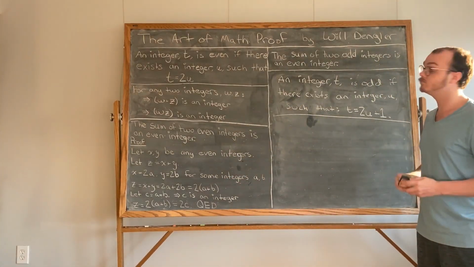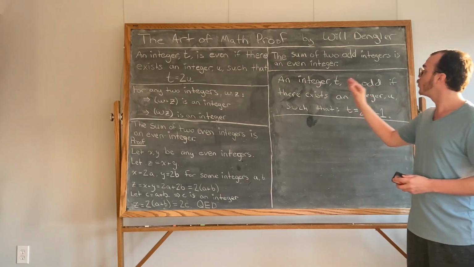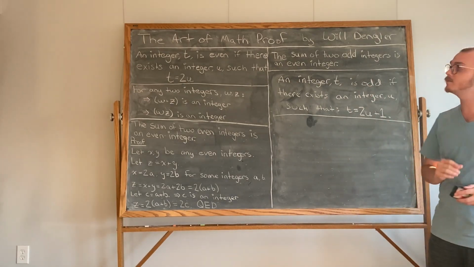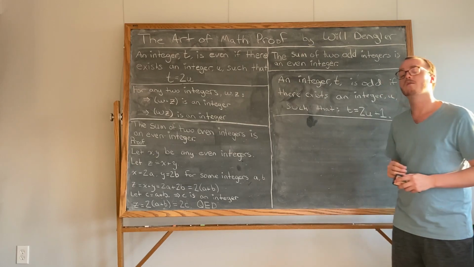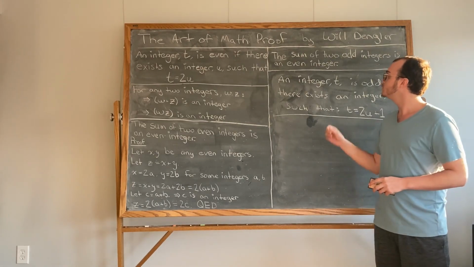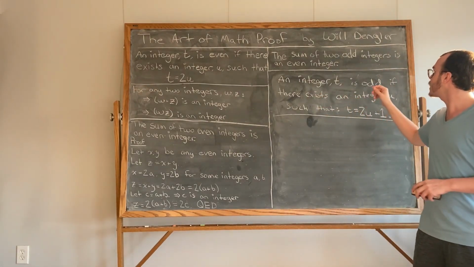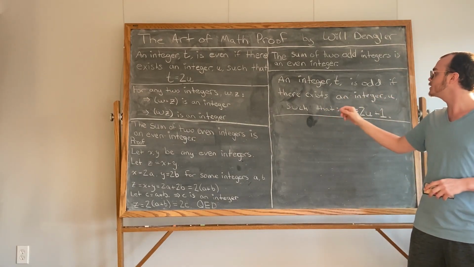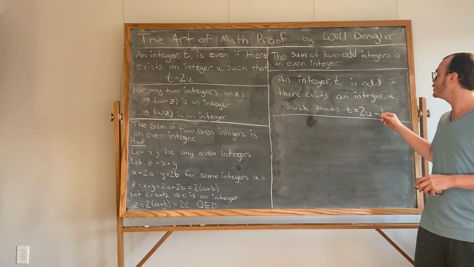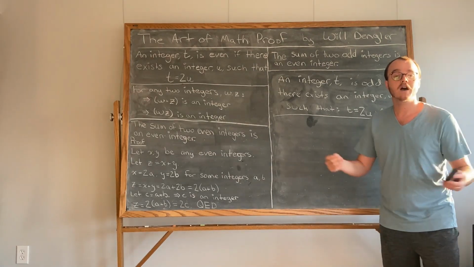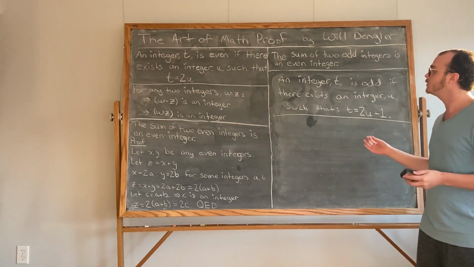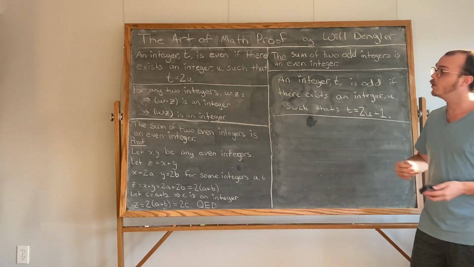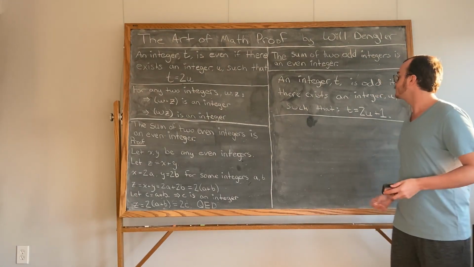Okay, so now we have a definition for what it means to be odd that looks incredibly similar to our definition of what it means to be even. We said an integer t is odd if there exists an integer u such that t is equal to 2u plus 1. And we got this equation by saying, well, the odd integers are all the integers that aren't even.